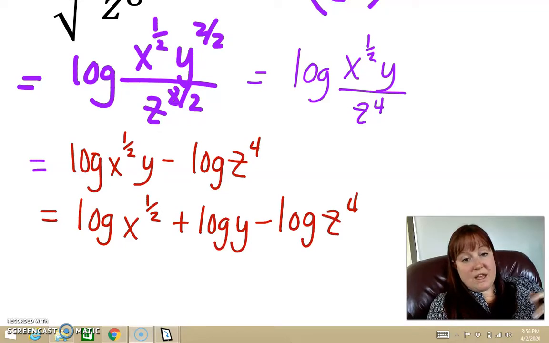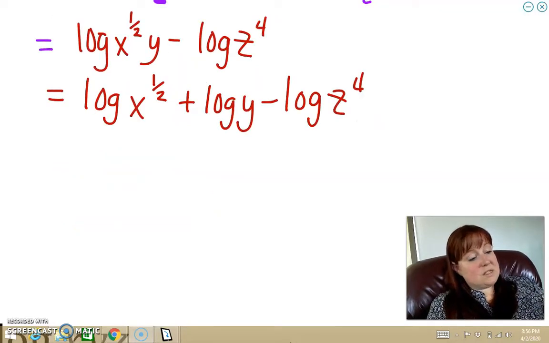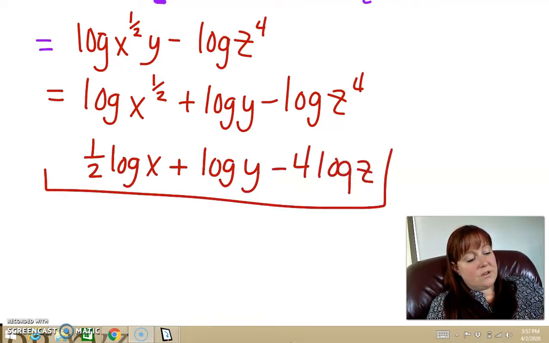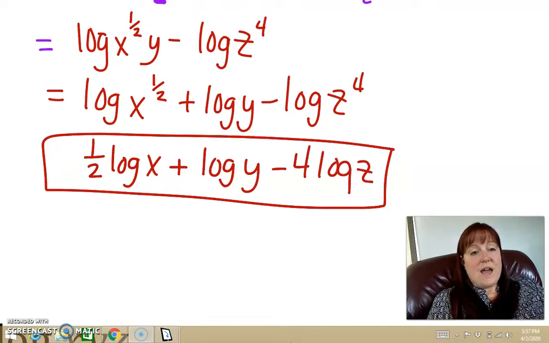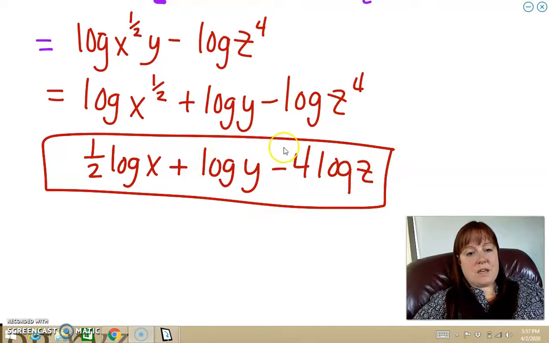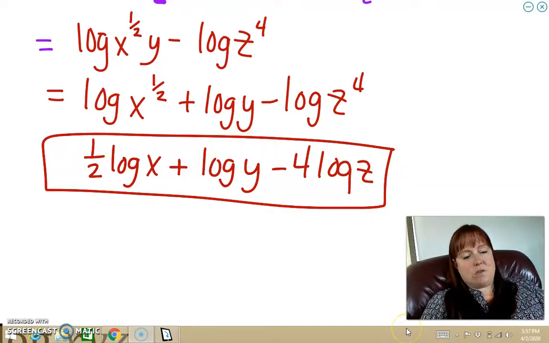So I just split the product. And now we can take down any exponents that we have. So we have 1/2 log of x plus log of y minus 4 log of z. So this is our final answer. And again, if we had taken that 1/2 down first, we would have ended up here as well. It just would have been an extra multiplication step.